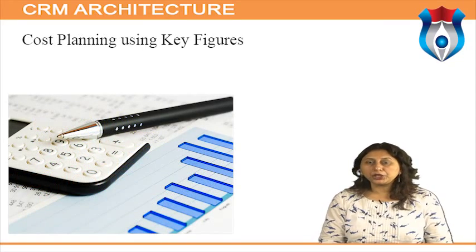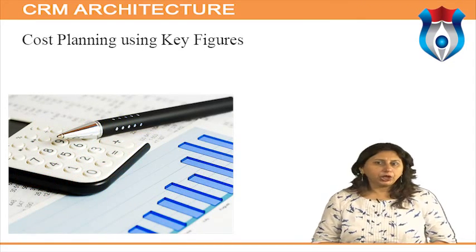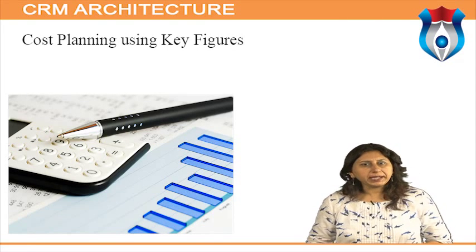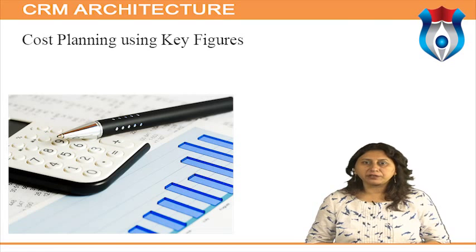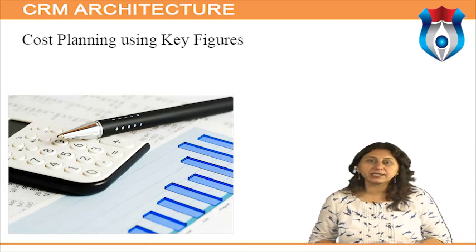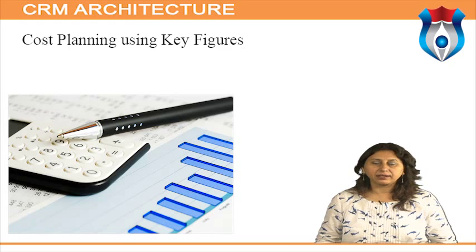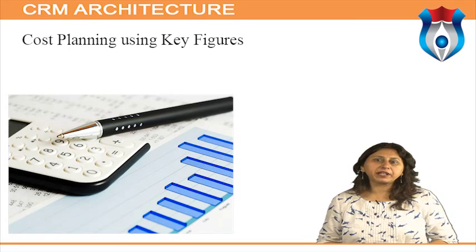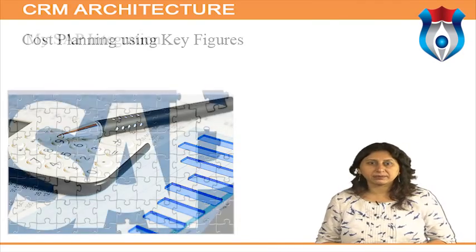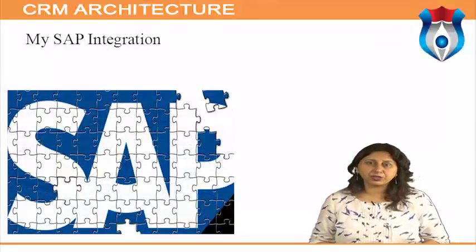Cost planning using key figures. Use key figure planning for planning costs. We can plan quantities and values for predefined and/or user-specific key figures of marketing elements. We can carry out key figure planning time-dependent or time-independent. mySAP integration.